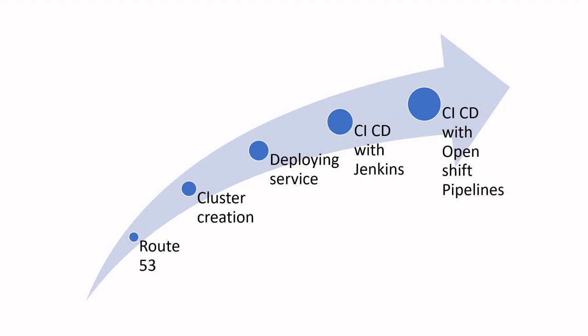Here we have seen how we can configure Route 53, how we can create a cluster, how we can deploy the service, how we can change the environment variable, and also how we can do CI/CD with Jenkins as well as the OpenShift pipeline. There are some advanced concepts too, where we can add machines and add nodes. That we will cover in the next section. Thank you for watching this series.